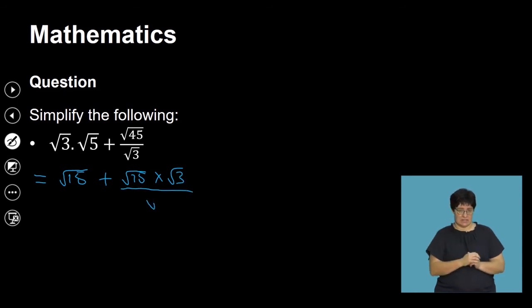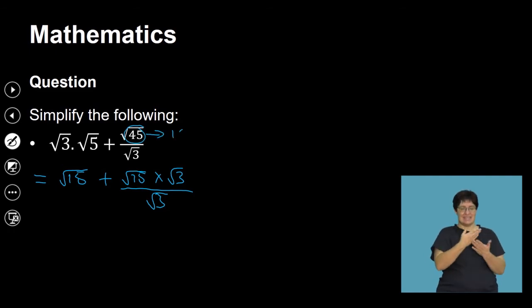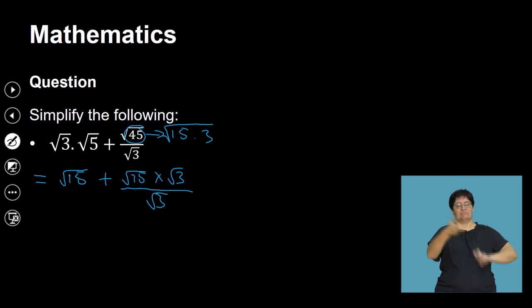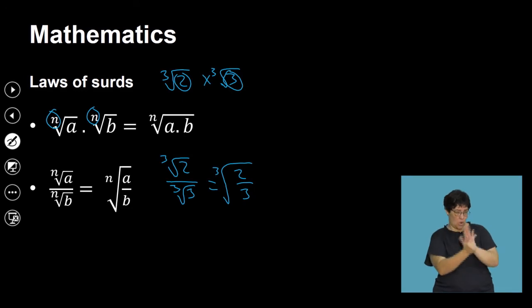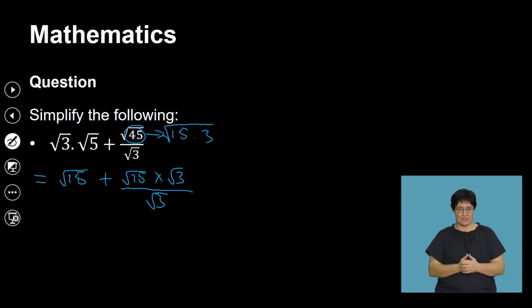All of this divided by root of 3, right? Why am I writing the one at the top as root of 15 times root of 3? It's because my 45 here can be written as 15 times 3, right? And since both of them are inside the same root, I can then separate them with one root each. Remember, it's just the law that we looked at, the very first law of multiplying a set.